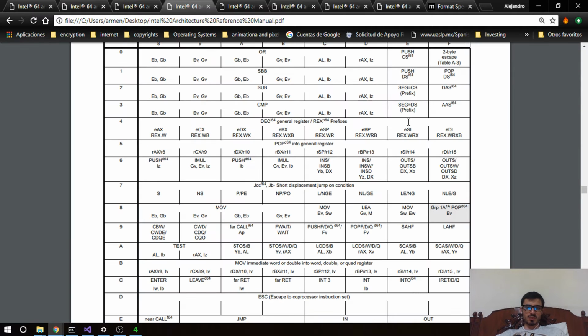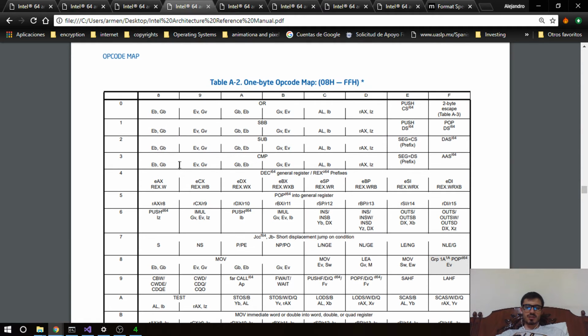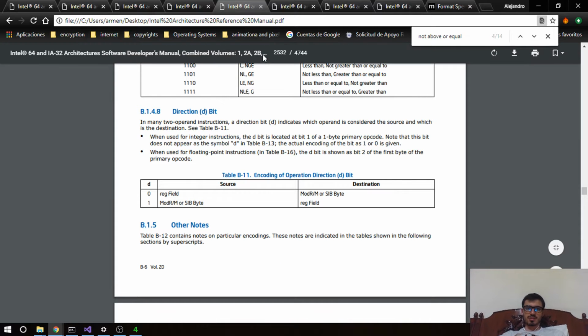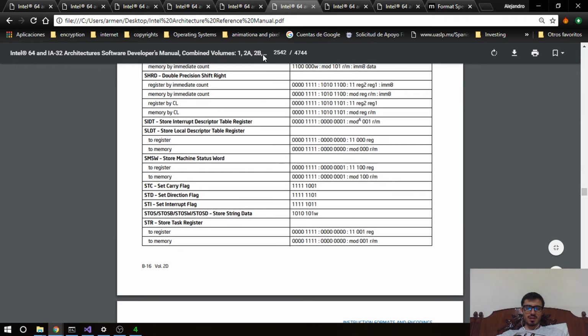So for example, here this tells us there are two operands, and these two operands have these mod addressing things, which is the first information that we have to look at. And then for the second table, we see this is the D bit.